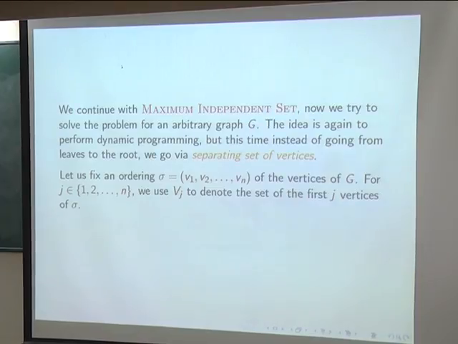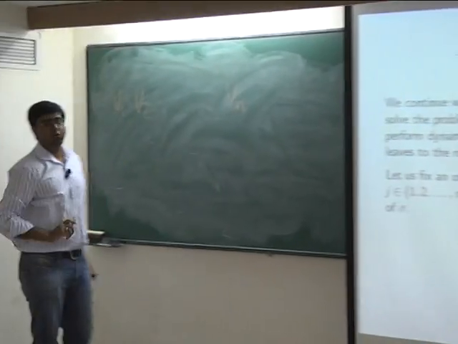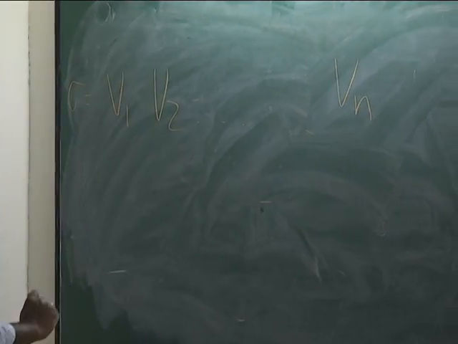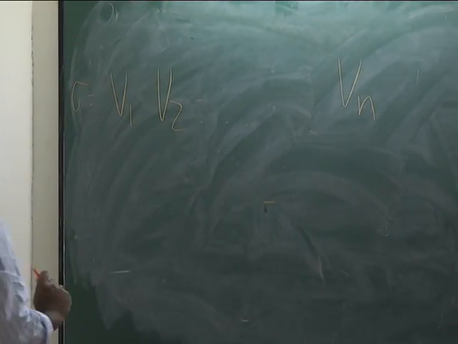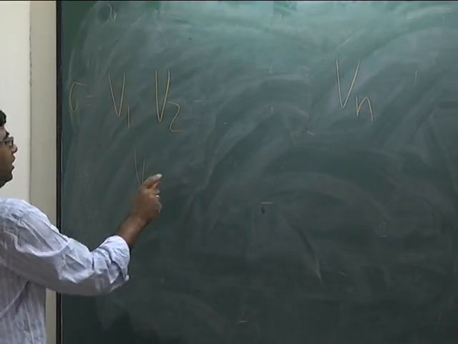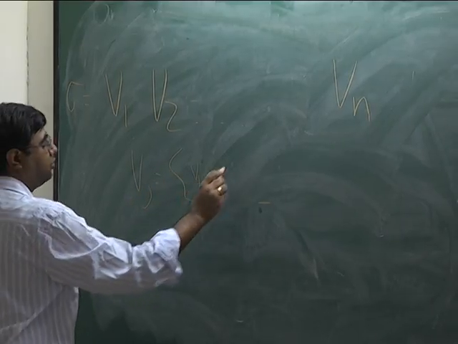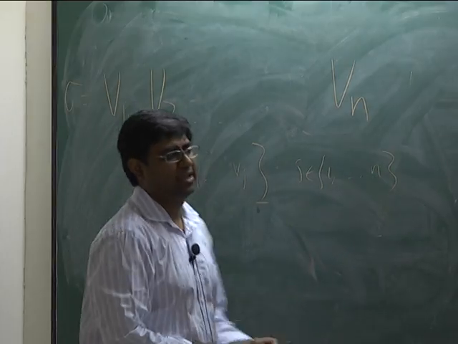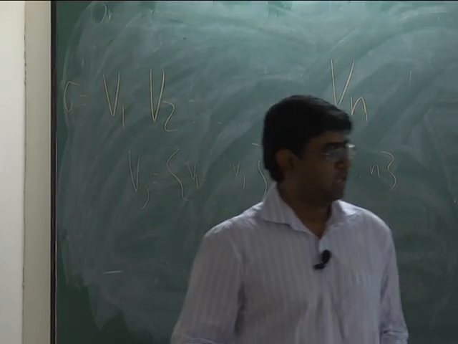So we fix an ordering of the vertices, V1, V2, and so on, some arbitrary ordering, let's call it rho. For j in 1 to n, let V_j be V1 to Vj, so basically the first j vertices.